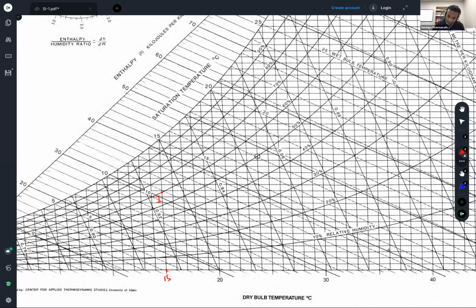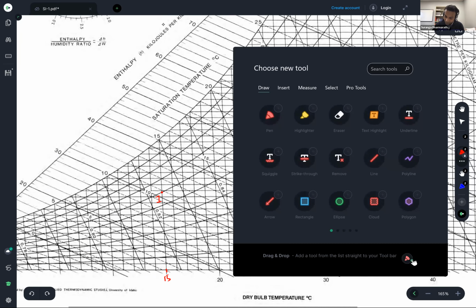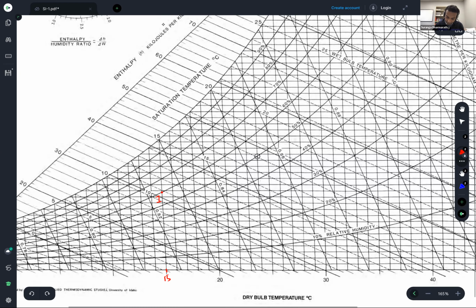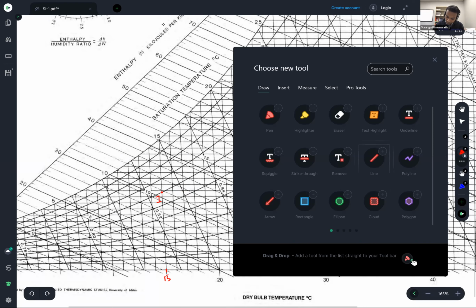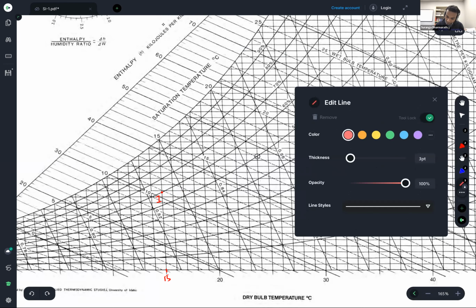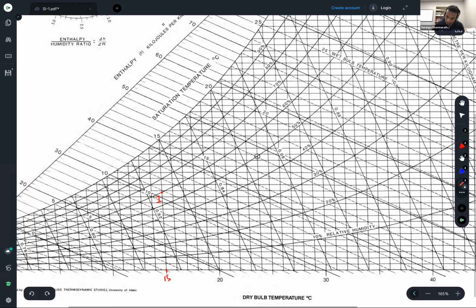And I'm going to draw a straight line, this one, a straight line until it hits 20 degrees Celsius, and that's right here.